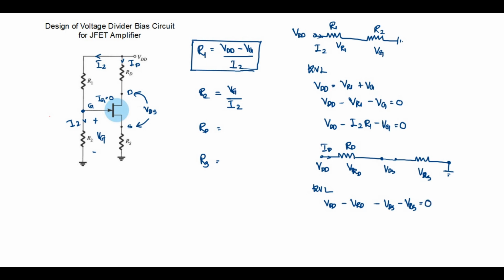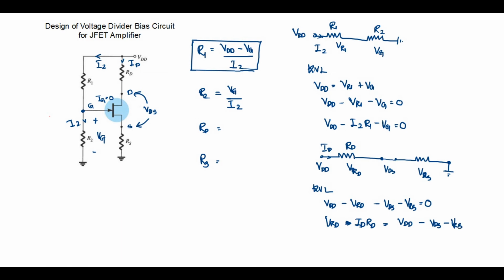Here we want to find RD. VRD is equal to ID into RD, so ID into RD equals VDD minus VDS minus VRS.